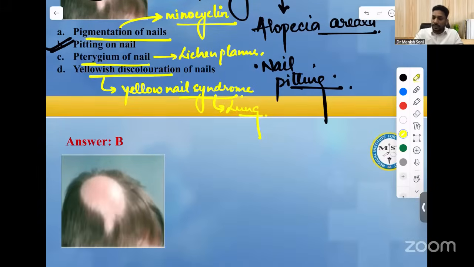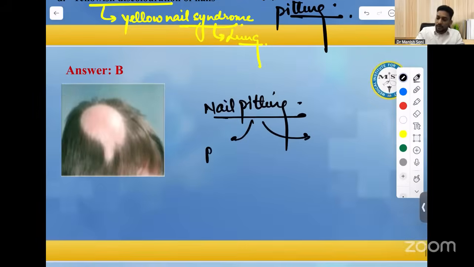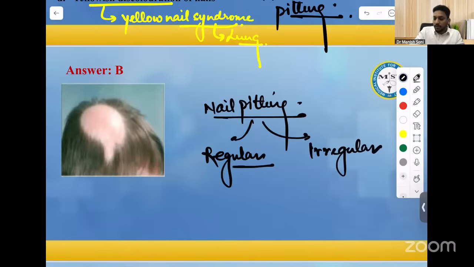Now remember, that this nail pitting can be of two types: regular pitting or irregular pitting. This regular pitting is generally superficial, and this irregular pitting is generally coarse or deep.